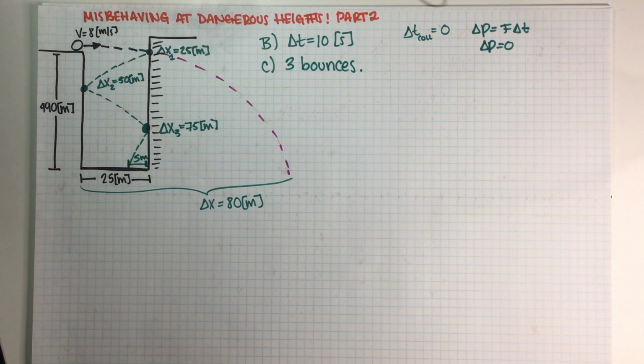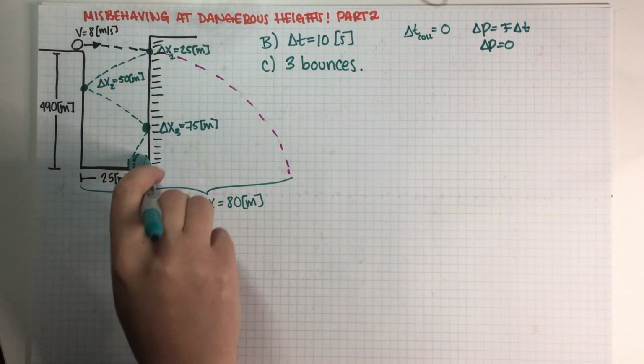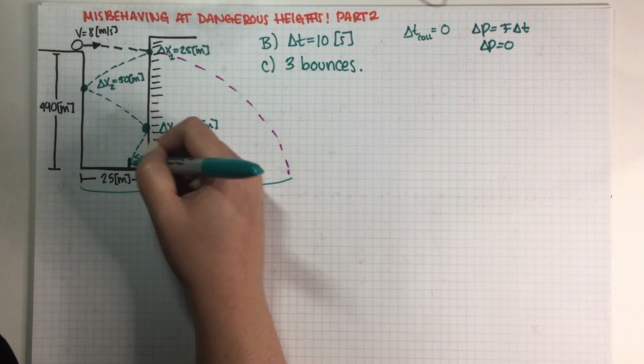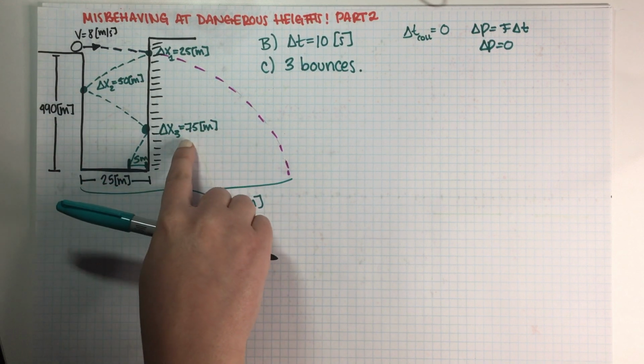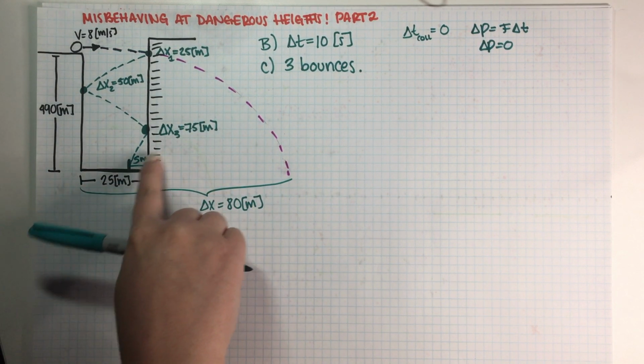Okay, so now let's see. Part D is, where will the ball land relative to the left wall? Oh, okay, well, I think I figured that already, because if this needs to add up to 80, then this distance is 5 meters, because I traveled 75 meters up to this point, so I need 5 meters more.